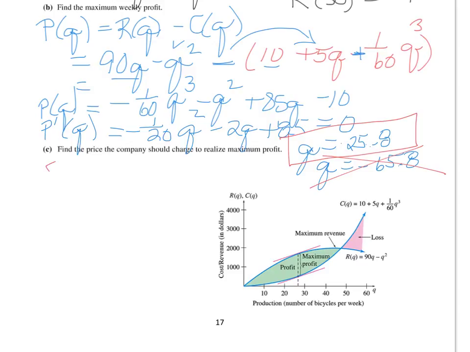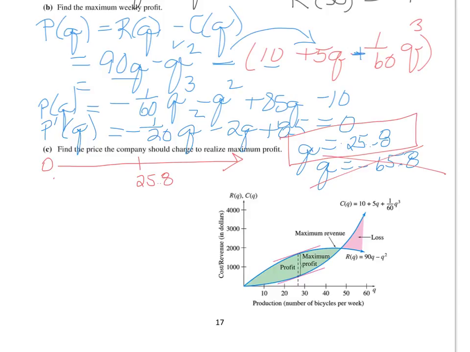So we'll draw a number line. And 25.8 is our critical value.